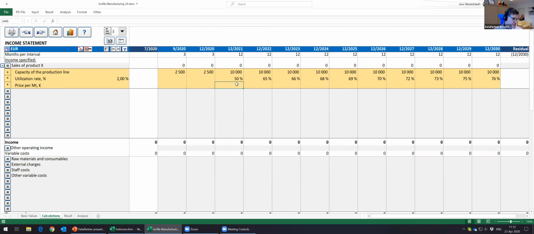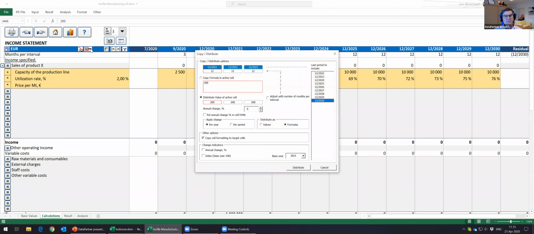And then we put the price per ton, which was given as 200 euros. This is some chemical substance sold in tons at the price of 200 euros per ton. And this is the price in 21, and we are optimistic that it will increase with the 2% inflation per year.